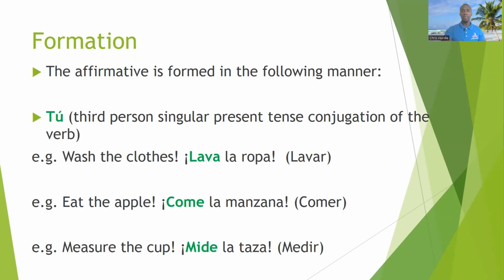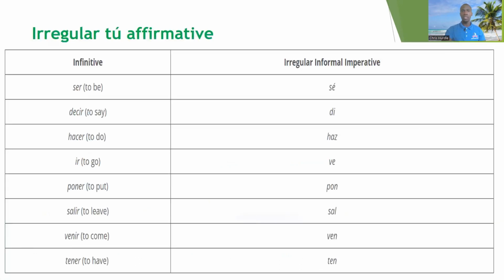Mide la taza. So we see in all these examples, we use the third person singular present tense conjugation of the verb. Of course, there are irregulars. So these ones you will have to learn. All right.